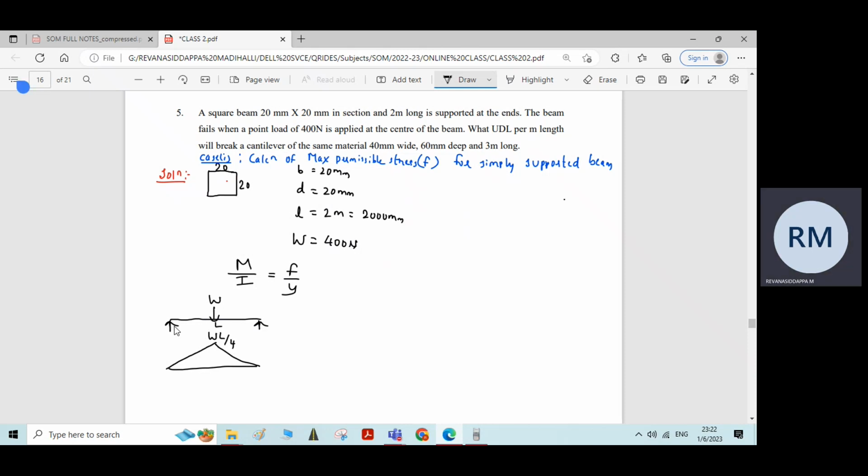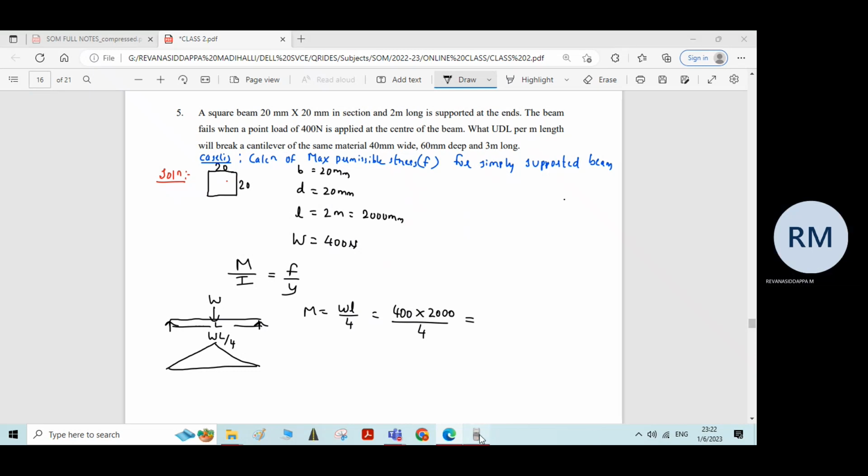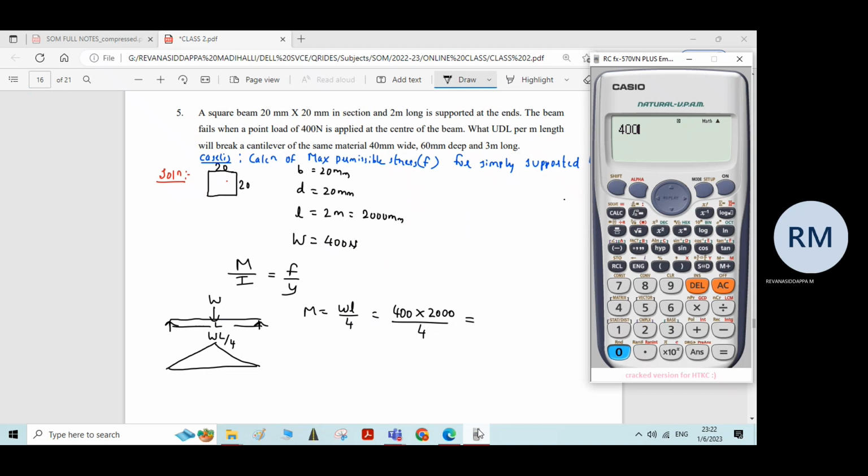If L is the length of the beam, therefore M is equal to WL by 4. So W is 400 into length 2000 divided by 4. It is 400 into 2000 by 4 means 500, it is 200 into 10 power 3 Newton millimeter.